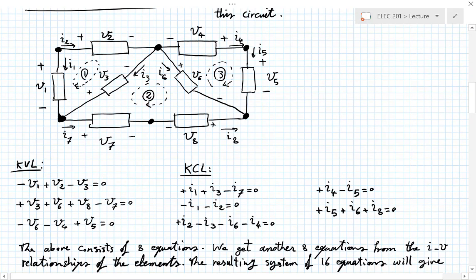There was a question here, I think. Yeah, so the question is, how would I spot which node would produce a dependent equation? The answer is the last one left. So I could take any 5 of these 6 nodes, and I would get 5 independent equations. There is nothing special about the bottom middle node.